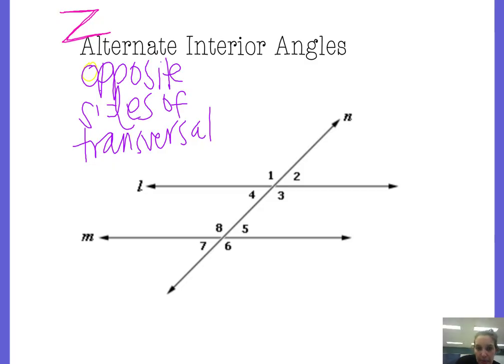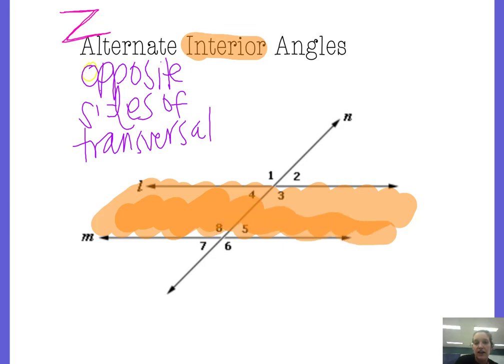Okay, so if I'm looking at my 2 lines, L and M, I have to be talking about the interior of the 2 lines. So here's the interior of those 2 lines. So I'm only talking about these angles, 4, 3, 8, and 5. Then I'm going to talk about angles that are on alternate, on different sides of the transversal.